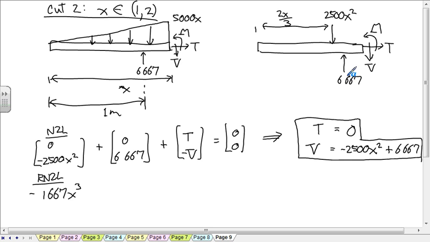It has a moment arm of 1 meter, so that's plus 6,667. Then we have the bending moment, and then minus Vx is all equal to 0.